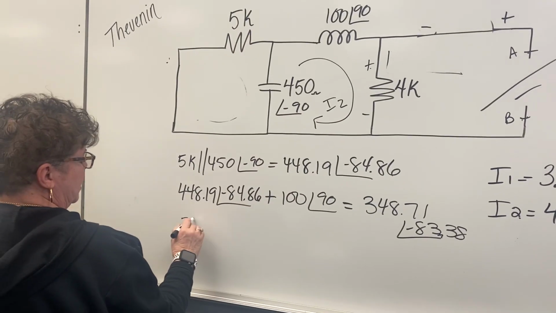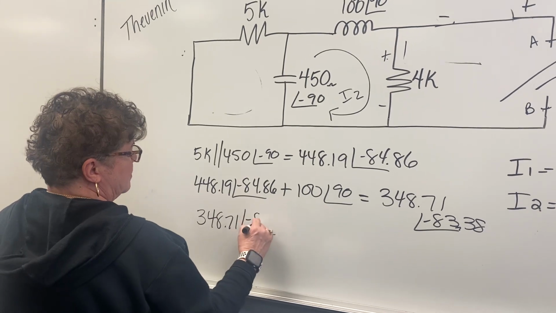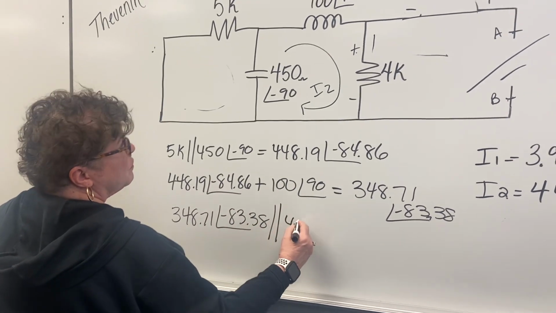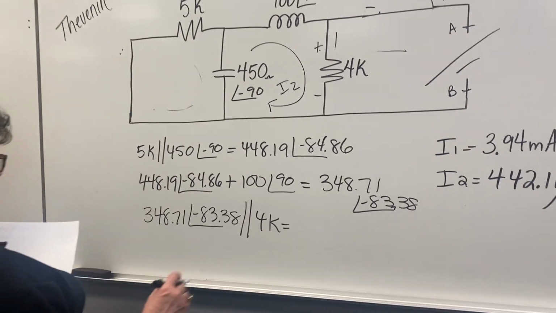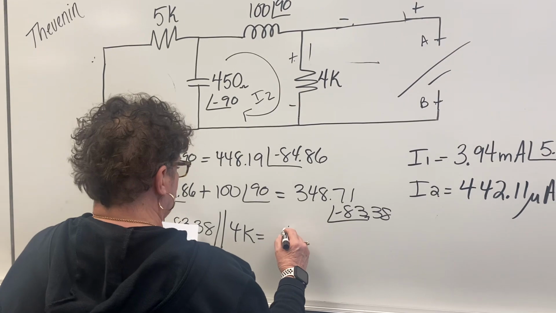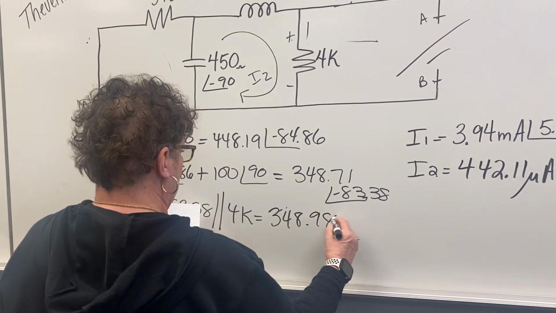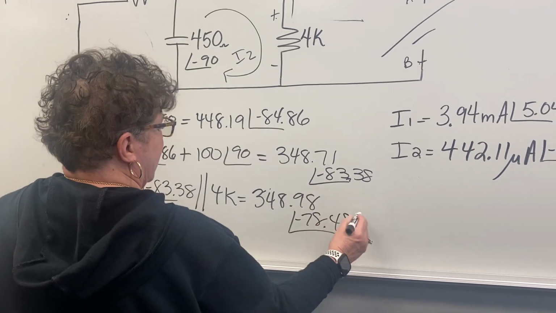So we put 348.71 at an angle of negative 83.38 in parallel with 4K ohms to get our grand total of 348.98 ohms at an angle of negative 78.48.